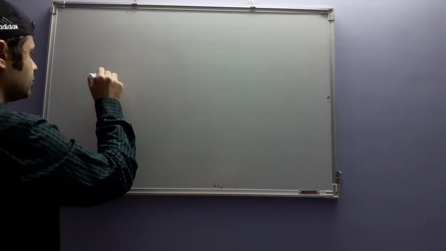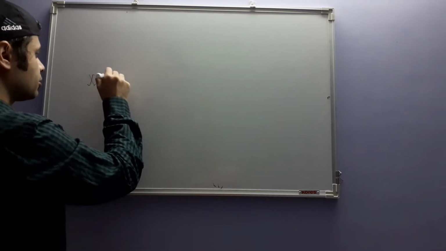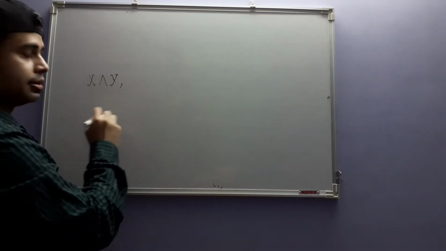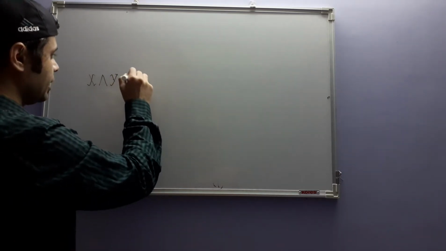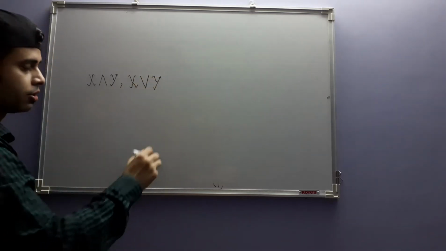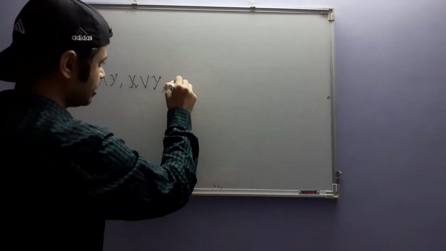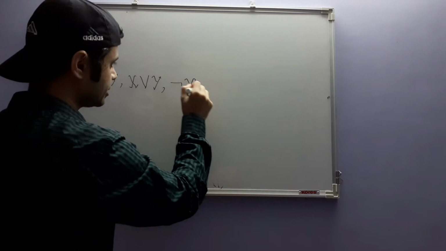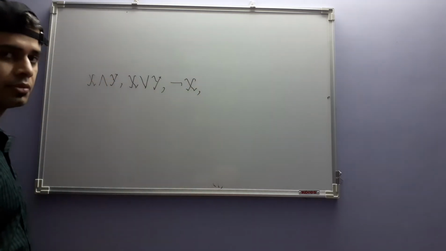First, we had conjunction of two statements, and then we had disjunction of two statements, or, then we had negation of a single statement, right?